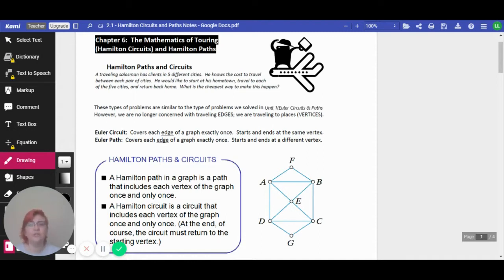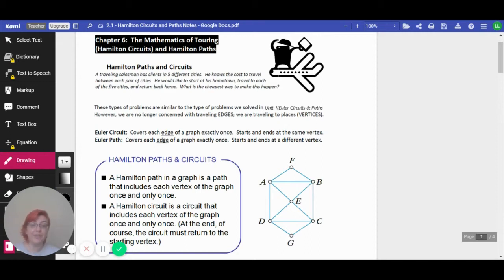So while an Euler circuit covers each edge of the graph exactly once and starts and ends at the same vertex, a Hamilton circuit visits each vertex of the graph only once and must return to its starting vertex.